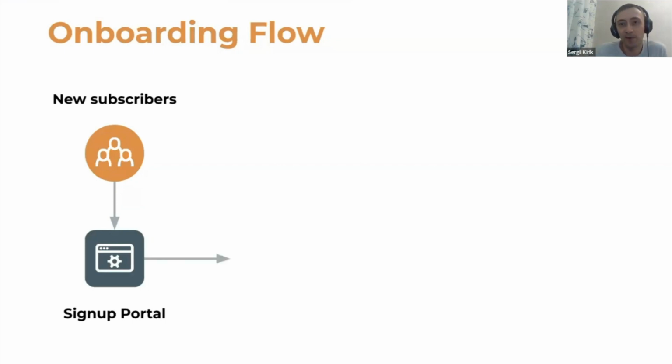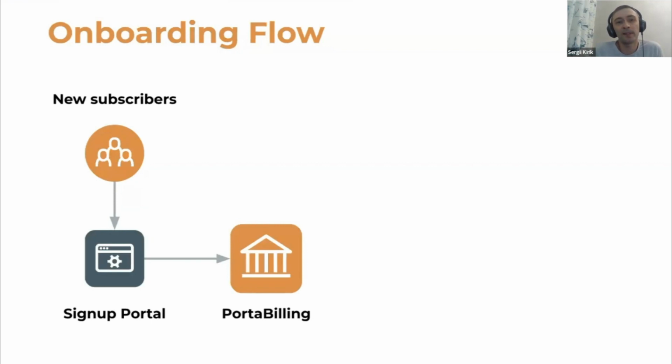As they interact with this sign-up portal, it is actually talking towards the PortaBilling platform, which is the billing and support system. Eventually the subscriber is created in PortaBilling. Once they sign up, a new customer is created in PortaBilling, and the order details are also captured and stored there.